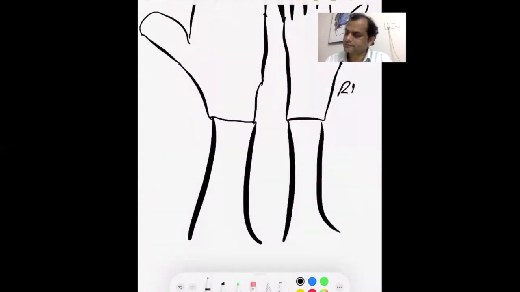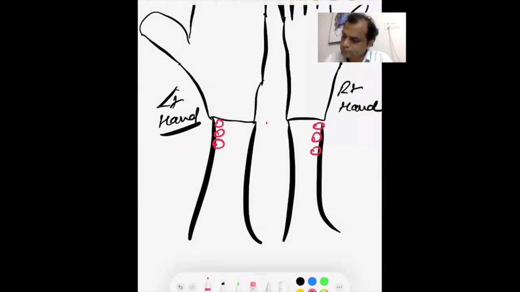Right hand, left hand. Chun, Guan, Chi. So superficial and deeper.